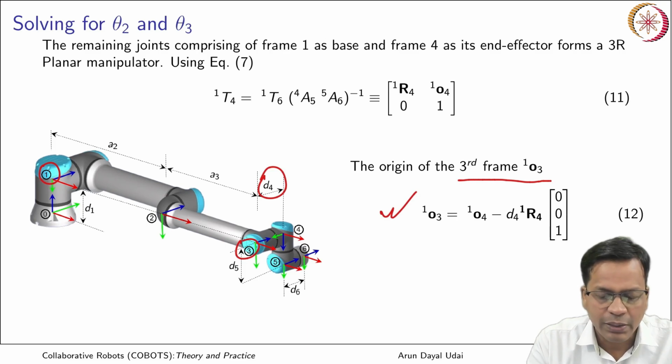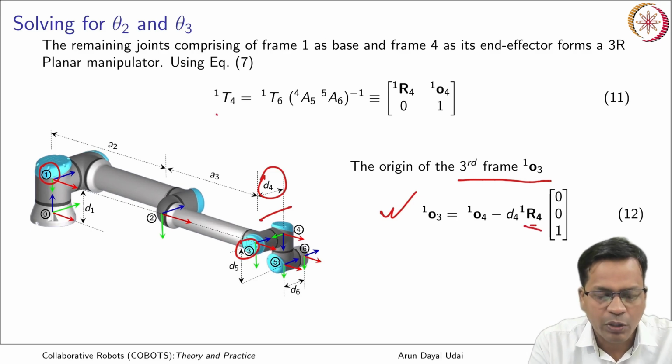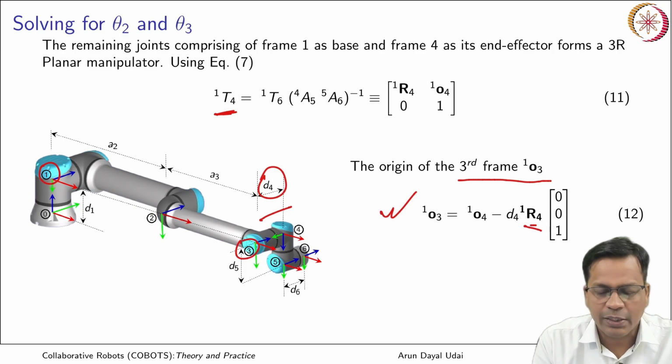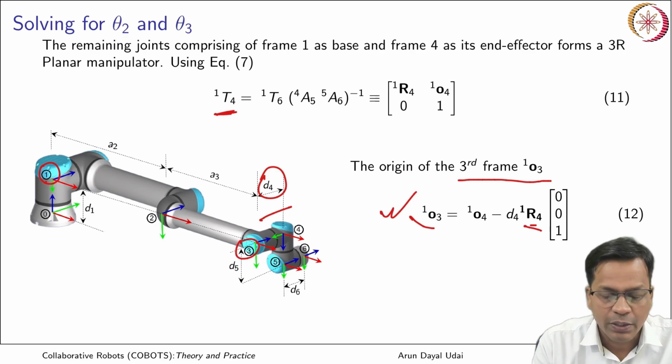D4 vector was in the local frame, so multiplying with 1 to 4, that can be obtained from here. I can quickly create a vector triangle the way we did it, and I can obtain O1 to 3. So this is the vector that connects frame 1 to frame 3.